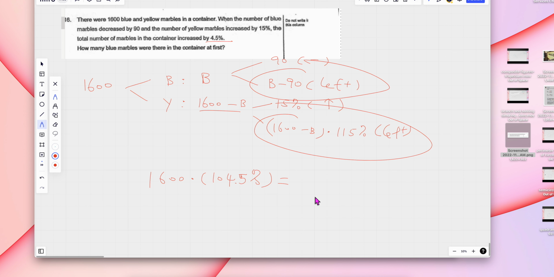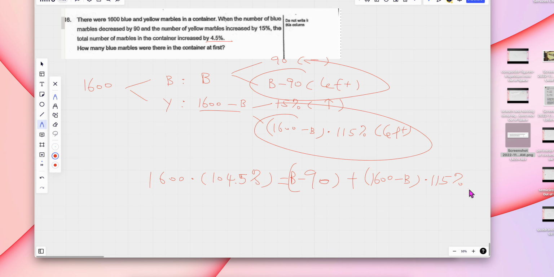The blue left plus the yellow left will give you the total increased by 4.5%. So therefore I pick the blue left, right? B minus 90, plus the yellow left, which is 1600 minus B times 1.15. Imagine you don't know how to continue from here, you don't know how to do the basic mathematics.